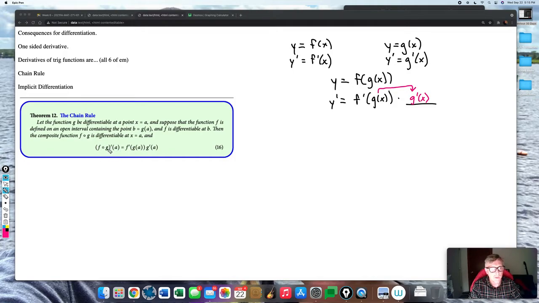F composed of g's derivative evaluated at a number a, and I used x instead of a. So we could have just replaced all those x's with a's or b's or c's or whatever. But you take the derivative of the outer function with the original input, and then you tack on or chain on the derivative of the input function.